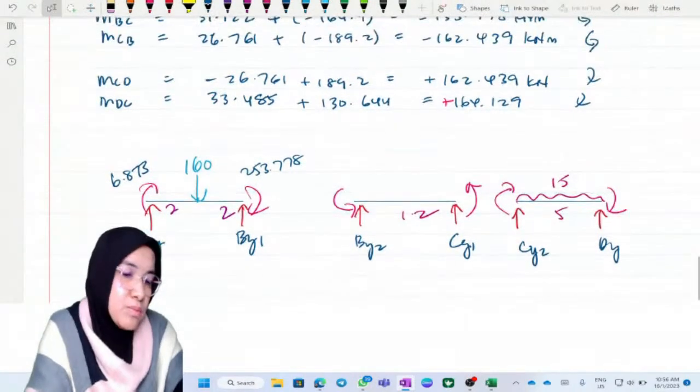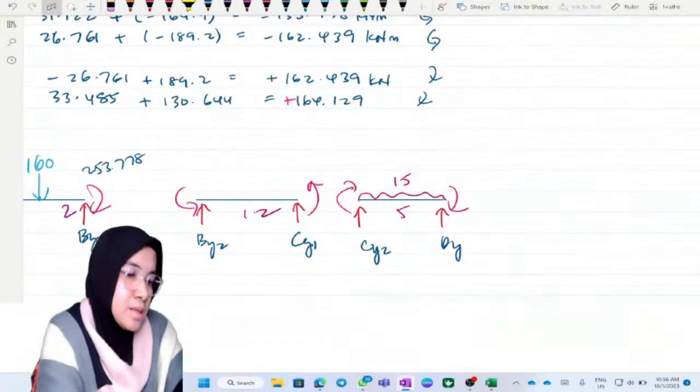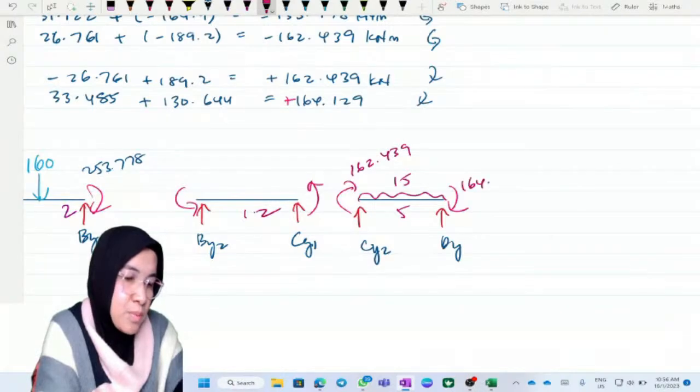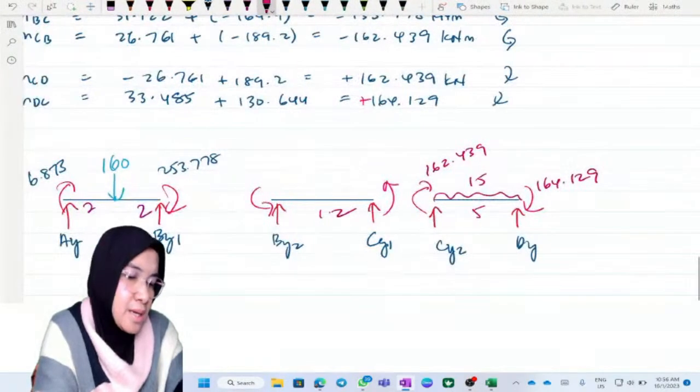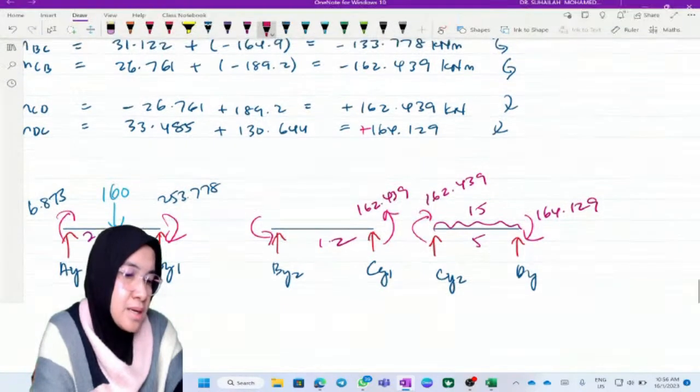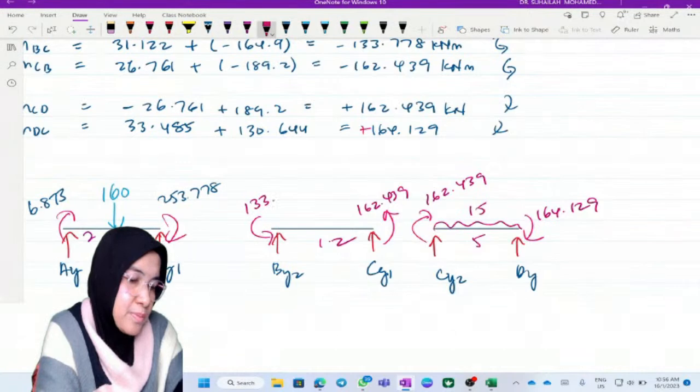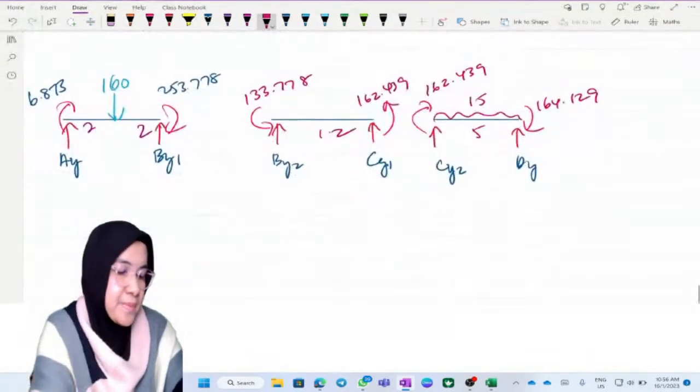Now the moments: 162.439, 164.129, 162.439 and 133.778.